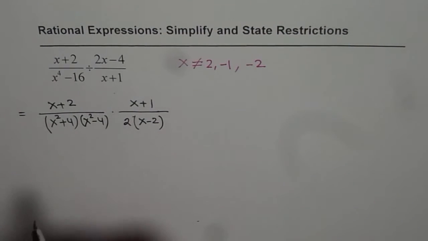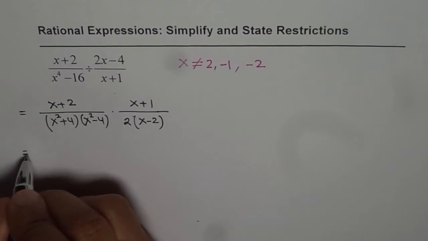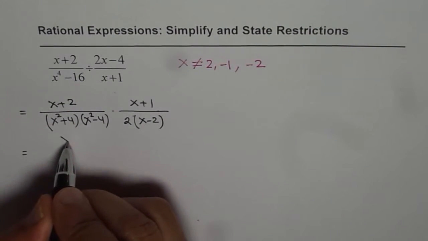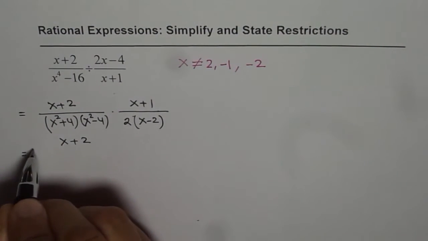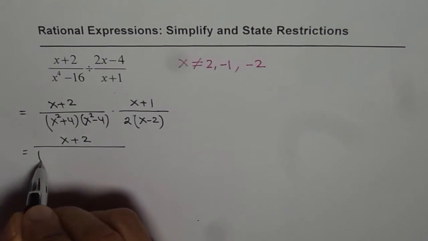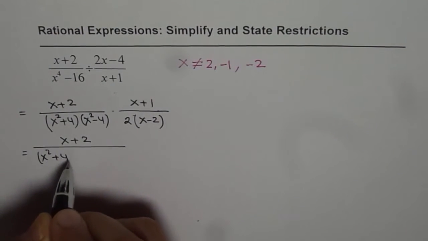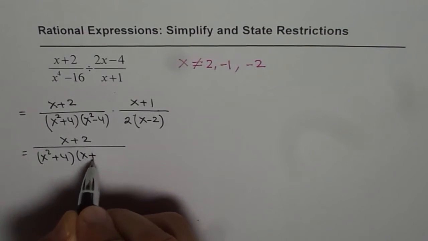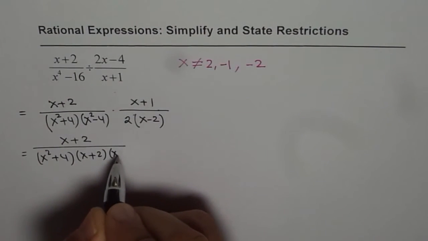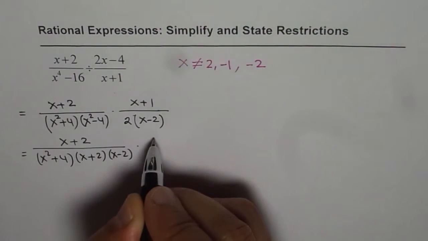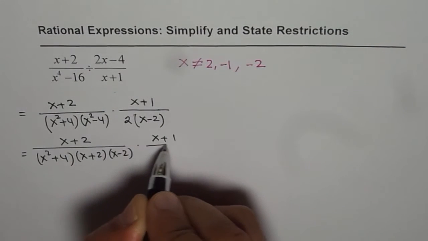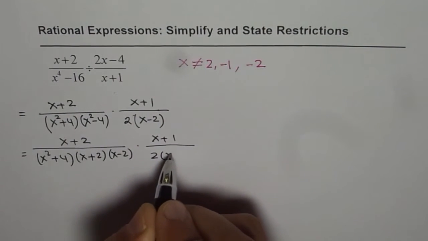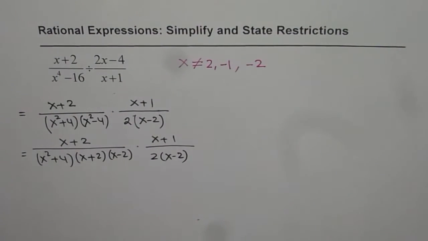Okay, let's simplify. We can actually factor this further, giving us (x + 2) divided by (x^2 + 4)(x + 2)(x - 2), times (x + 1) over 2(x - 2).